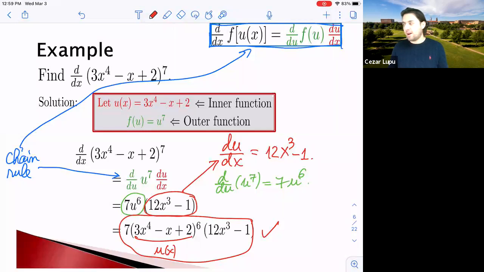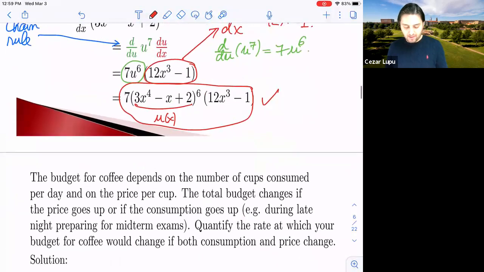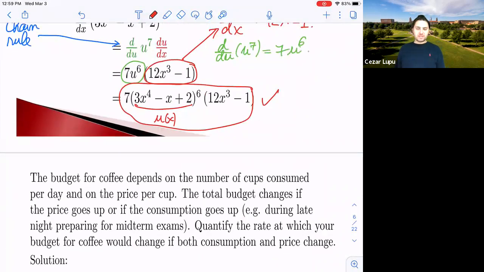Okay. Now let me give you another problem, a word problem. You would not expect this, but let's see. I want you to read the following statement. So, what does it say? So the budget for coffee depends on the number of cups consumed per day and on the price per cup. So the total budget changes if the price goes up or if the consumption goes up.